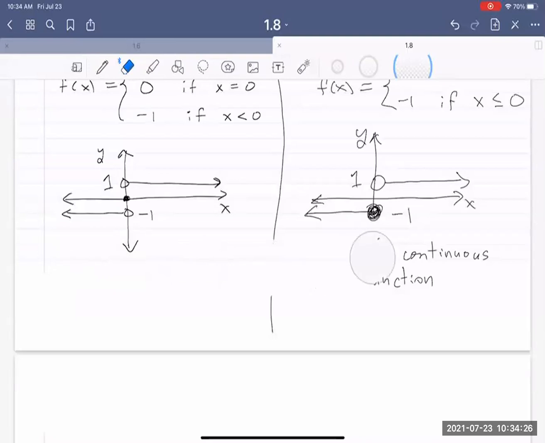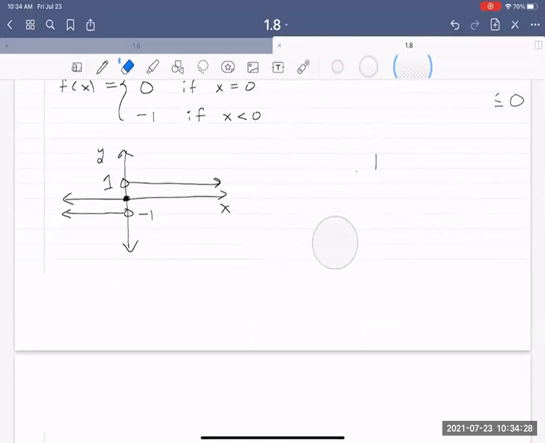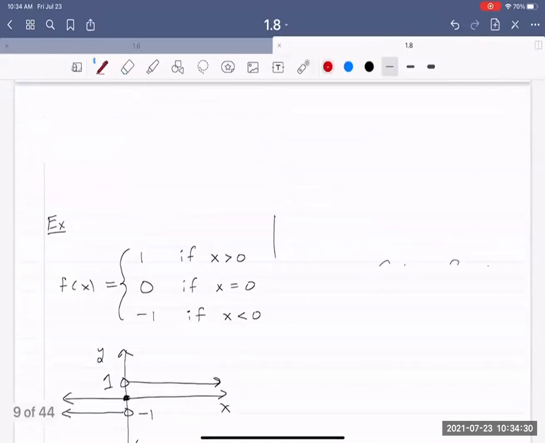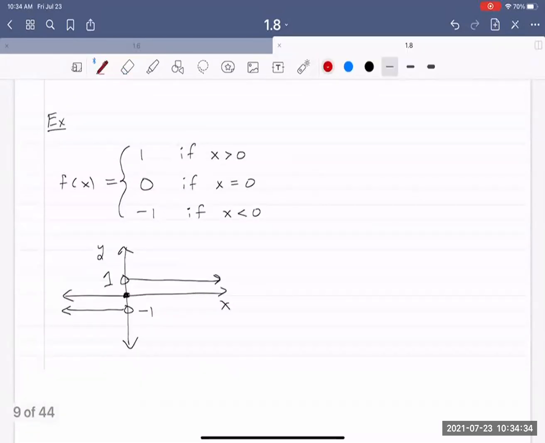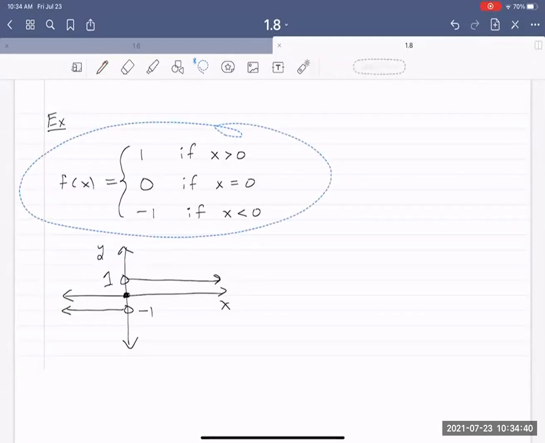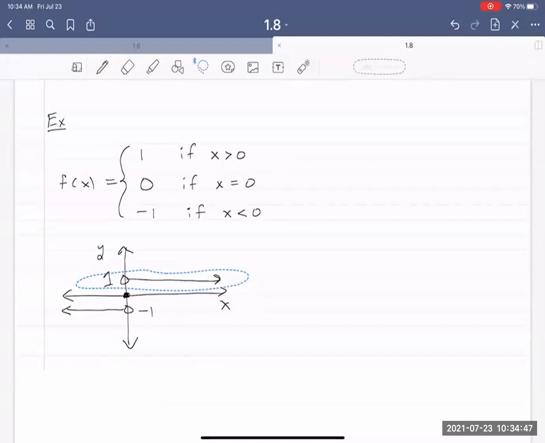Okay, so let's get rid of all that stuff. Now let me continue with this example. Let f of x equal 1 when x is greater than 0, 0 when x equals 0, and -1 when x is less than 0.